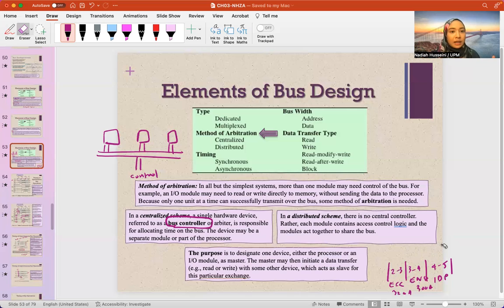So they have that kind of intelligence. So the distributed scheme needs some sort of intelligence, making it a little more complex compared to the bus controller. Okay, is that okay? Yeah, it's okay. All right. Thank you, Doctor.